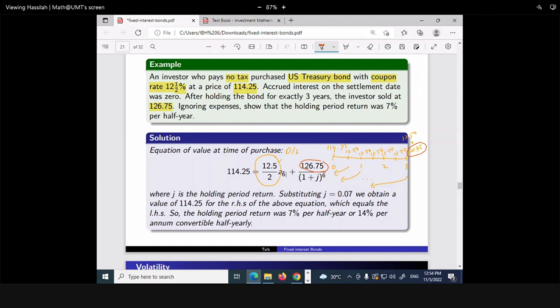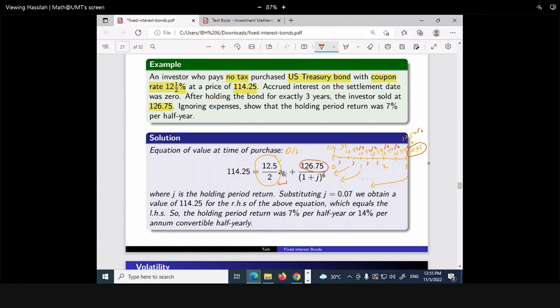You tahu dia ada 6 period kat sini sebab 3 tahun. Dekat sini annuity factor 12.50% ni adalah dalam bentuk 12.50% per 2, sebab setiap 12.50% tu kupon setahun.